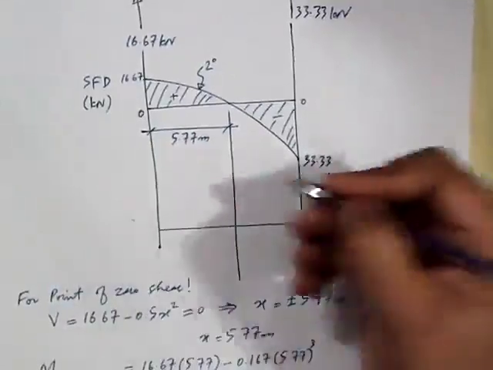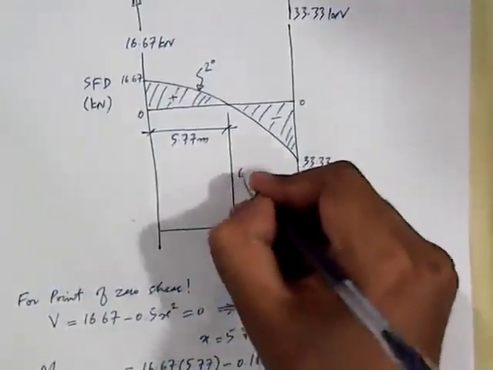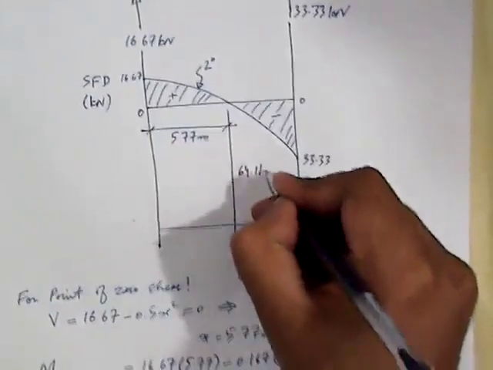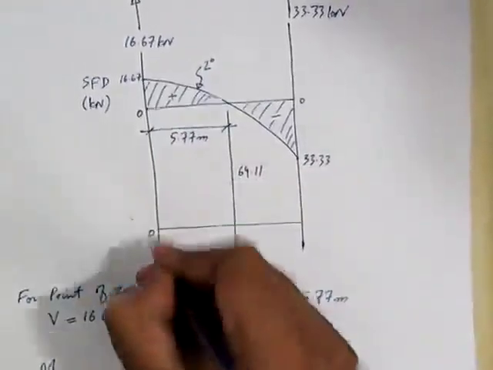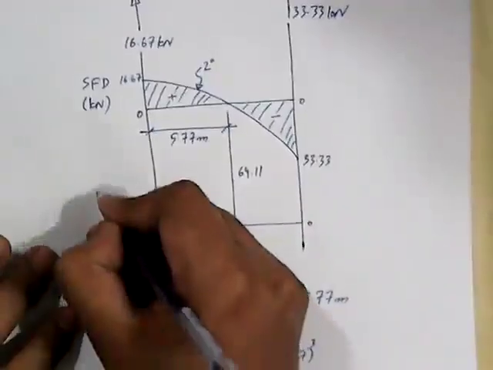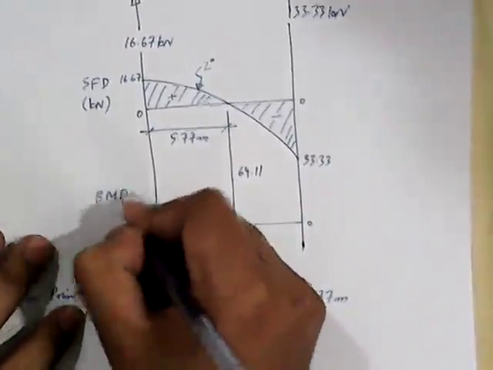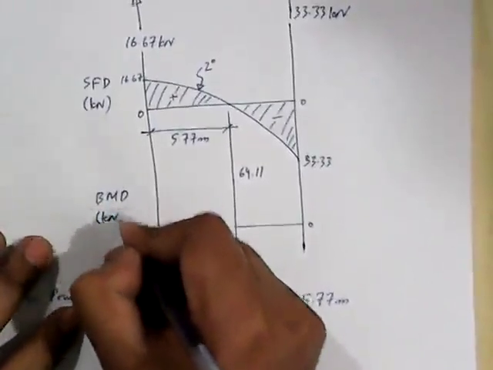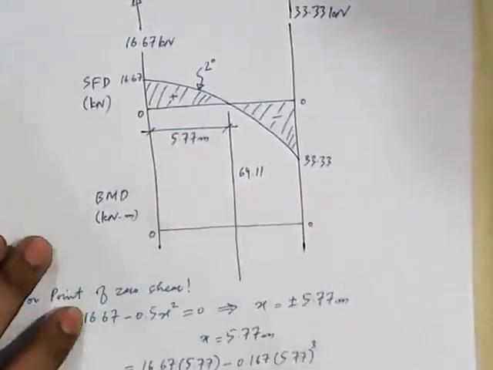It is 64.11 kilonewton meter, and this is the zero line. We are drawing the bending moment diagram, and our units are kilonewton meter.